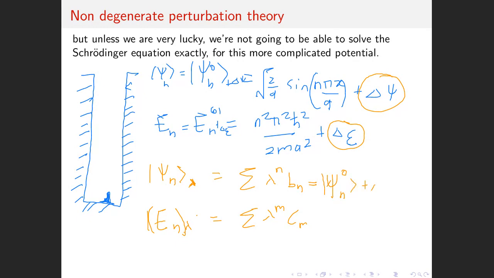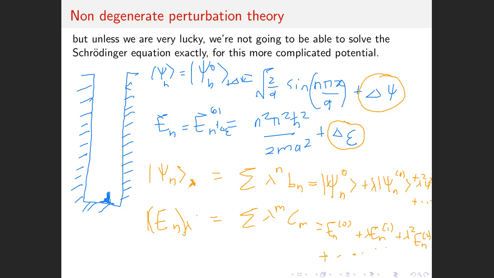There will be a term proportional to lambda, which I will denote by psi_n1, the first order correction to the wave function psi_n, plus lambda squared psi_n2, plus dot dot dot. And then you do the same thing for the energy. So the energy will be E_n0 plus lambda E_n1 plus lambda squared E_n2 plus dot dot dot.